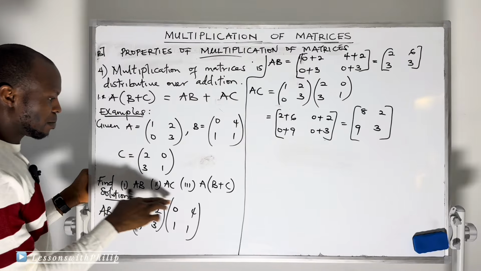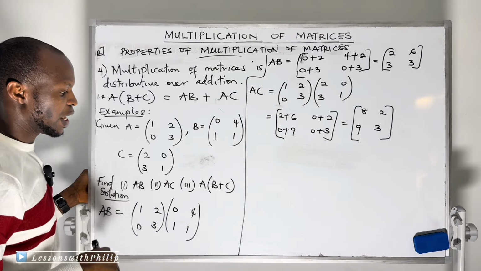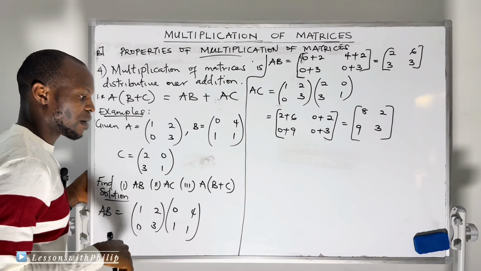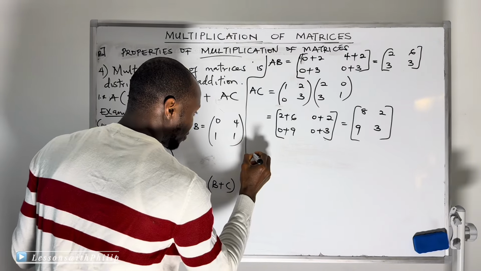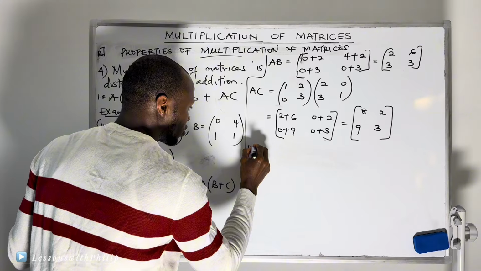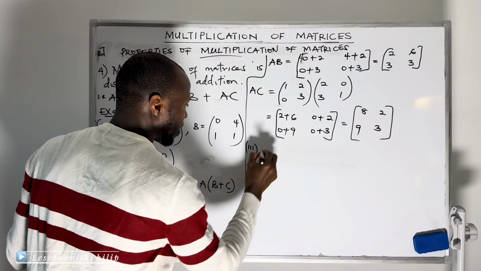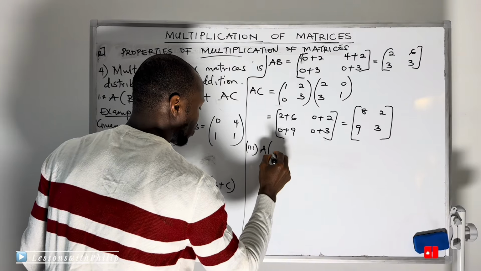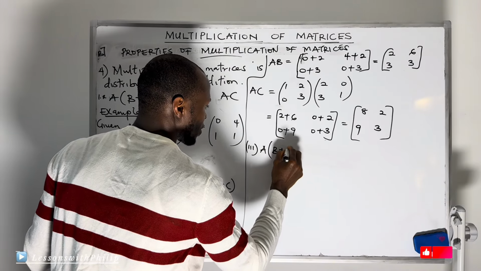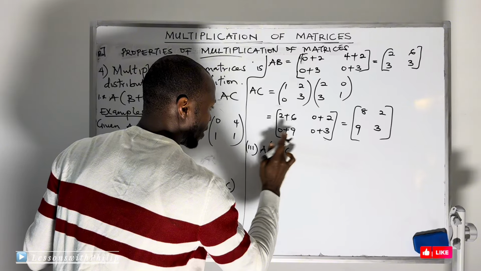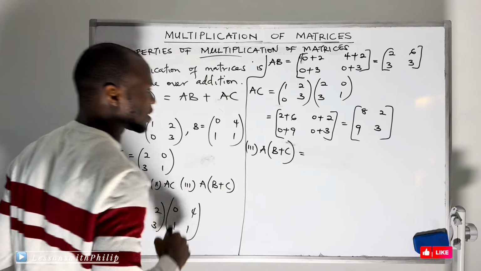Now the third example, I'm asked to find A into brackets B plus C. What is my matrix A?